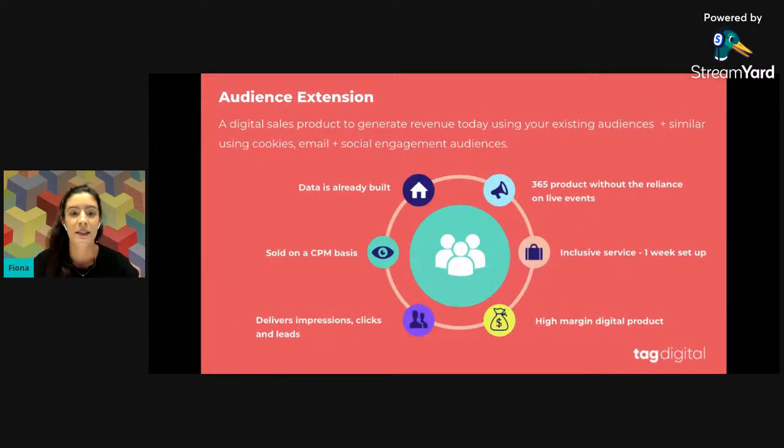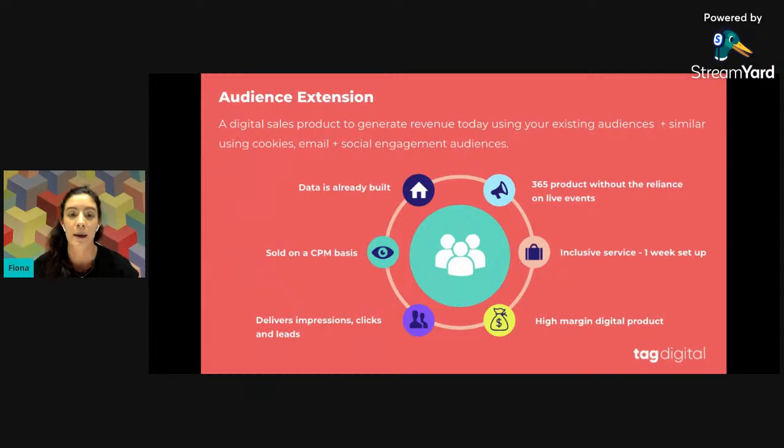Audience Extension connects exhibitors with their target audience by sending traffic to your exhibitors' websites using existing data that's already in your account. An example of this could be any previous exhibitor data or visitor data.